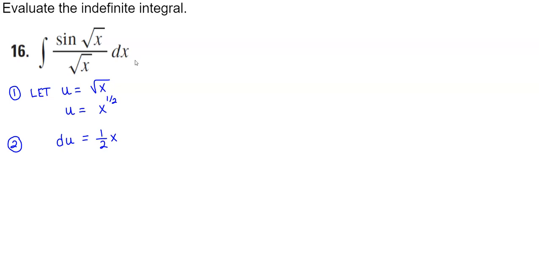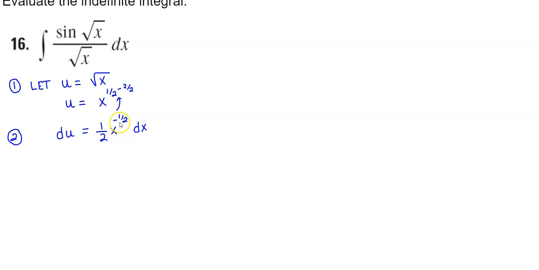So remember that you're subtracting 1 up here. So subtracting 1 is minus 2 over 2, which then gives you negative 1/2 dx.